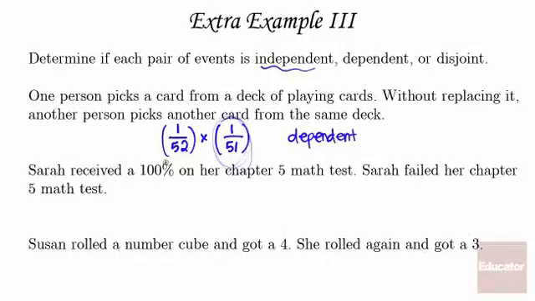Now, if you get 100%, is that failing? No, right? So this event A here and this event B here cannot occur at the same time. It's not possible for both to be true. So this would be an example of disjoint events.